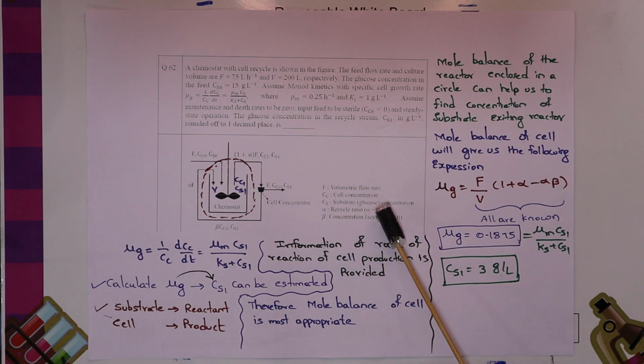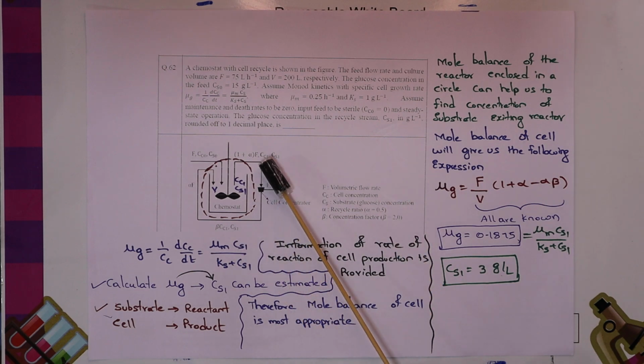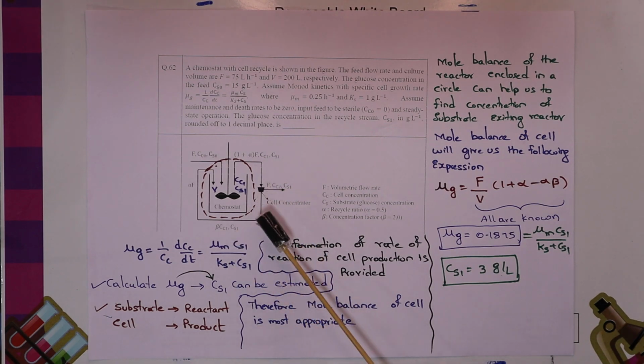Alpha is given as 0.5. The cells exiting the reactor, after the cell concentrator, are enhanced by more cells, because the job of the cell concentrator is to increase the concentration of the cells.